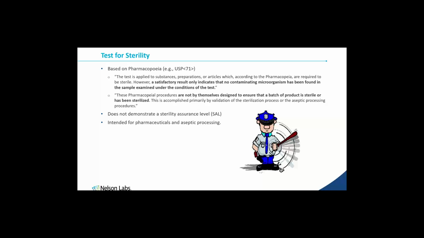A way to think of the test for sterility and what USP is prescribing is it is a monitoring step, a USP-prescribed monitoring step, similar in concept to the test of sterility for your dose audits or for your BI testing. It itself is not intended to demonstrate that the product's sterile.